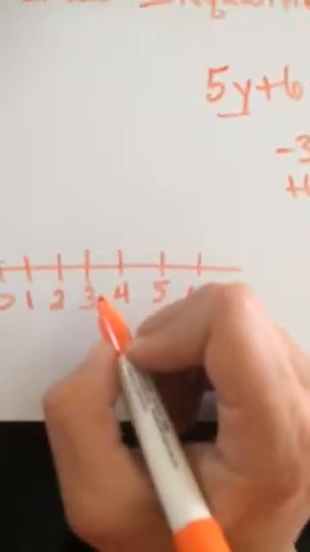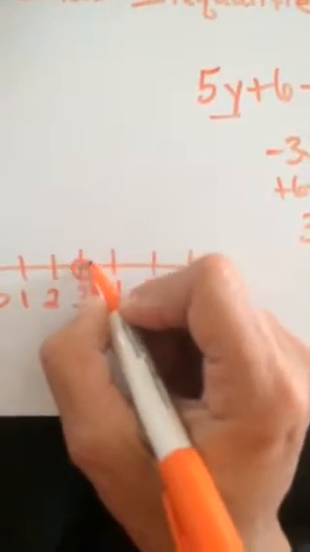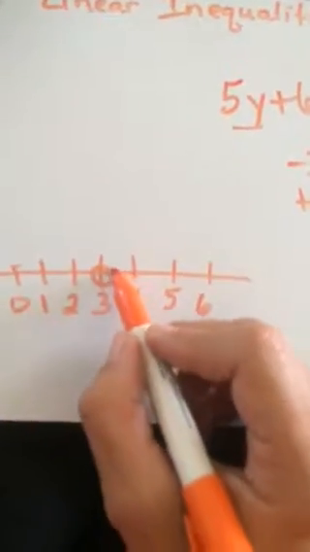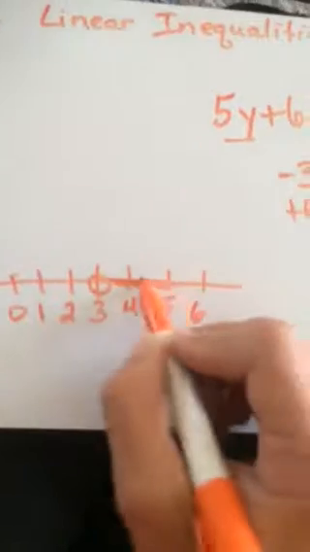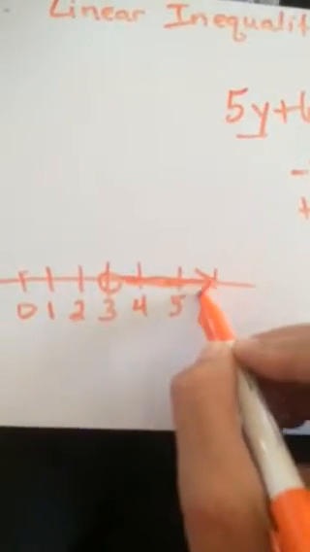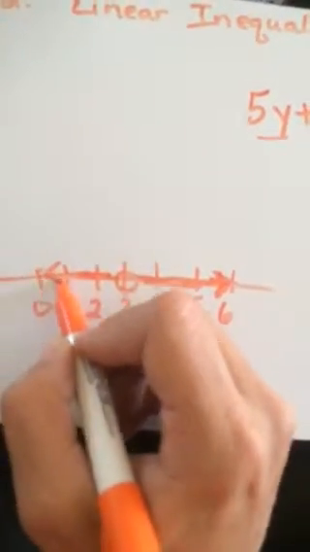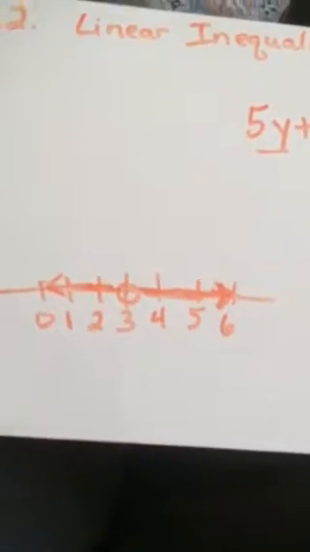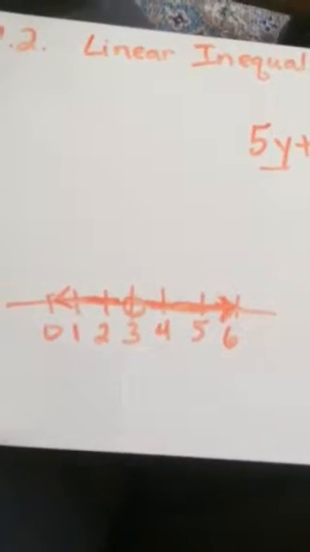So if y does not equal 3, I'm going to put a circle around 3. That means it can be anything greater or it can be anything less than. It just cannot equal 3. So that's how you would do the graphing of that problem.